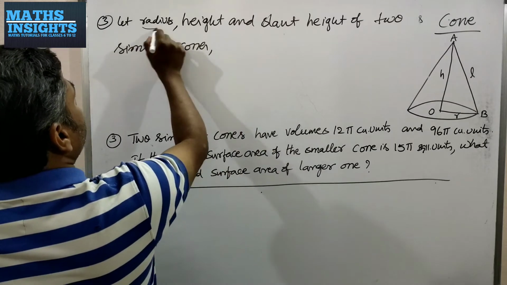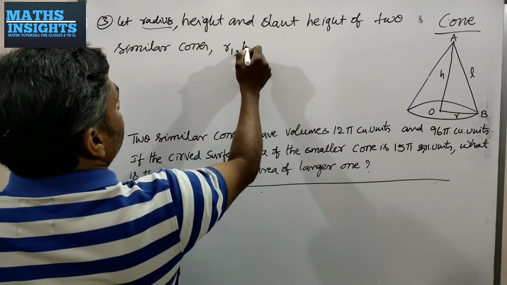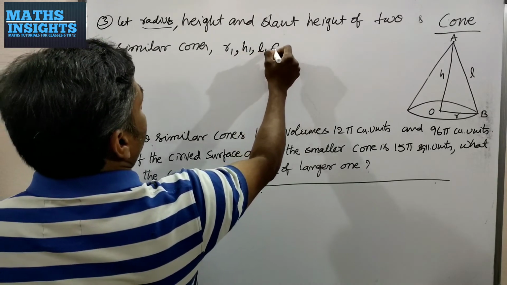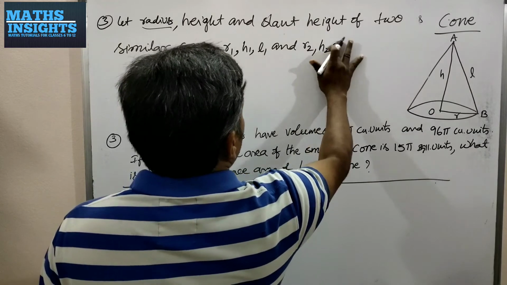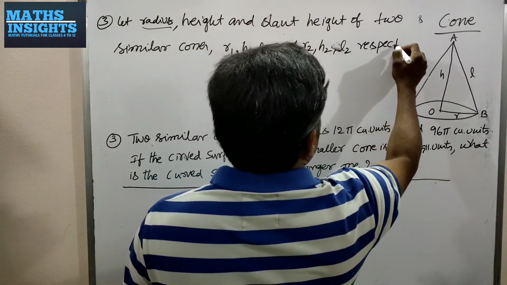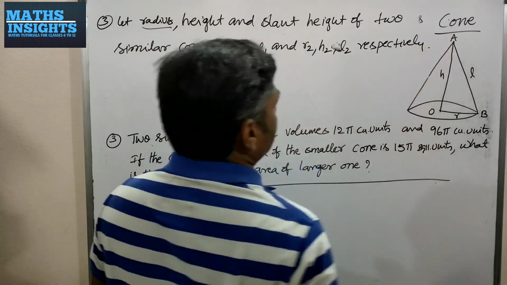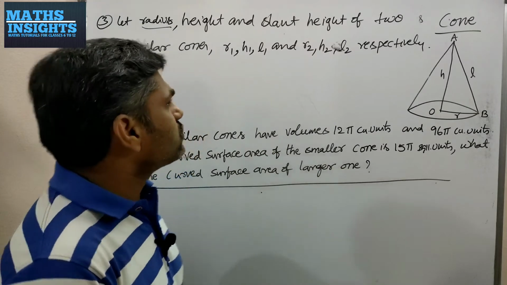This is what we are mentioning: radius r1, height h1, slant height l1, and r2, h2, l2 respectively. You know that the given cones are similar cones.